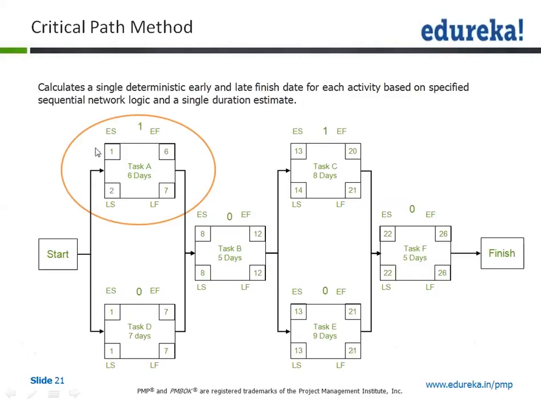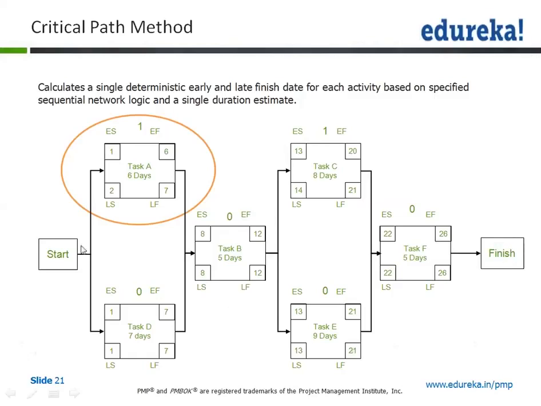Forward pass means we are going in a forward direction. From 1 to 6 is called a forward pass. From 13 to 20 is called a forward pass. From 22 to 26 is called forward pass. Forward pass means we are going in the forward direction from start to end. From start to end, that is what forward pass means.